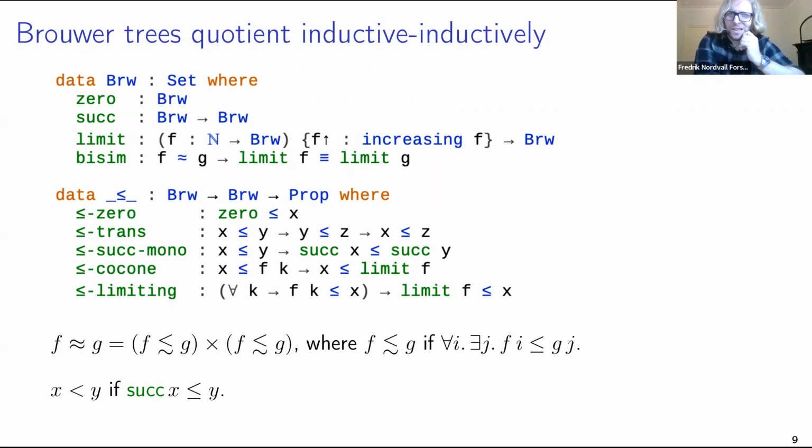Right, it will be like computing limits again, I suppose. Yes. And I mean, saying that this is a simulation would almost give you a partial inverse from the type of small Brouwer trees to CNFs.